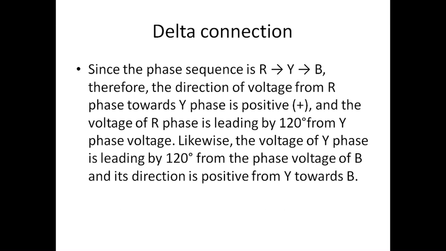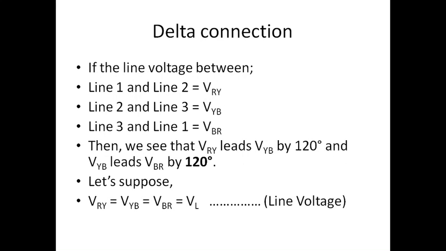We'll see this in the diagram. The direction will be R, Y and B, taking a positive direction. So the current is leading by 120 degrees in your diagram. In the line voltage, we specify line 1 and line 2, line 2 and line 3, and line 3 and line 1.